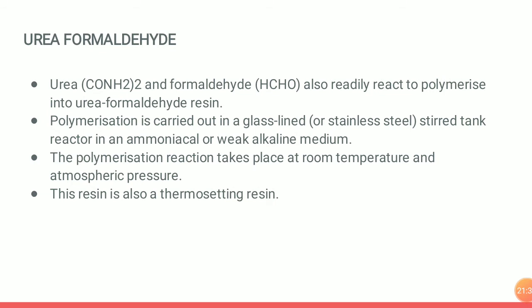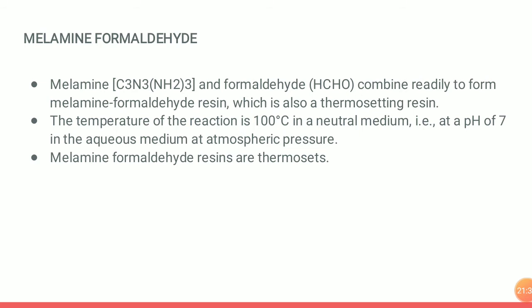Now next is the melamine formaldehyde resins. Okay, this is also a type of resin generally used in various parts of our industries and various applications. So melamine and formaldehyde combine readily to form a melamine formaldehyde resin, which is also a thermosetting resin.